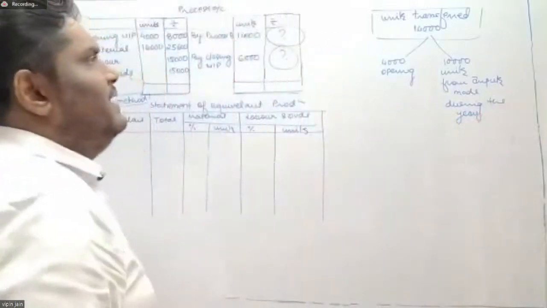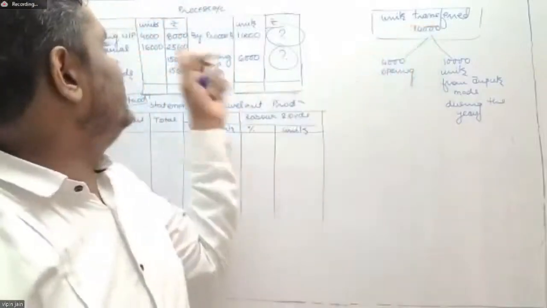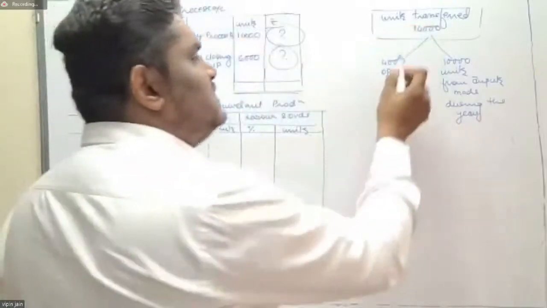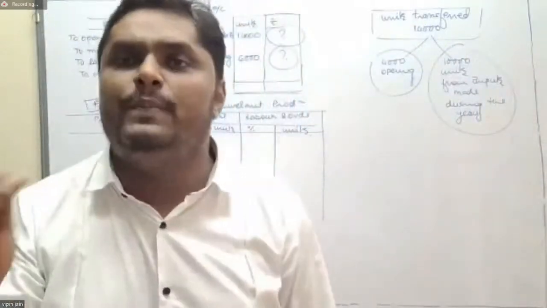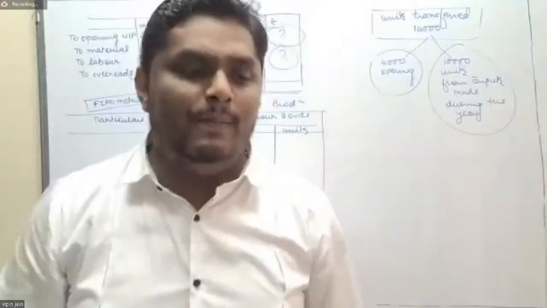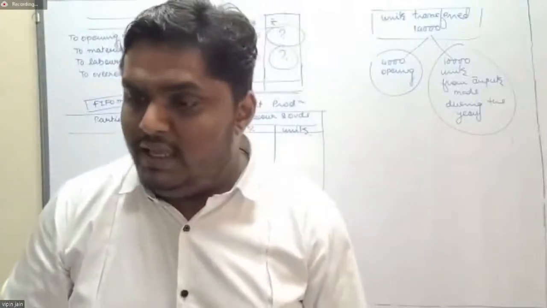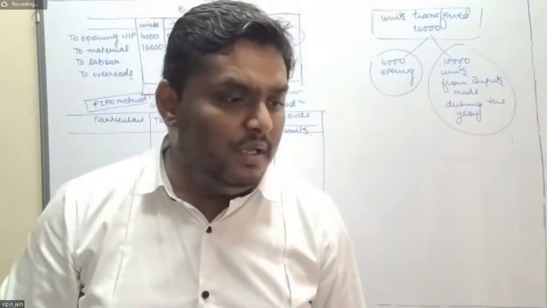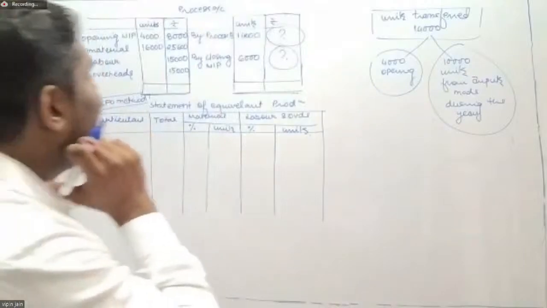I repeat again, since 14,000 units are transferred, we will assume that 4,000 units will be transferred from opening work in progress and balance 10,000 units will be from units started and completed during the year. 8,000 is given in the question, Miss Ruchita. So now let's start, guys.